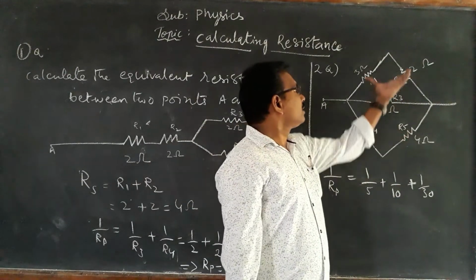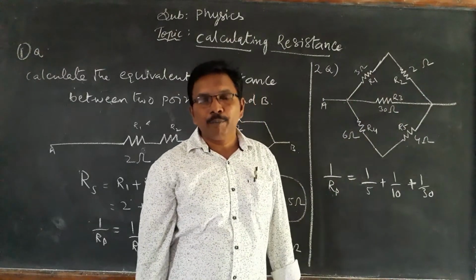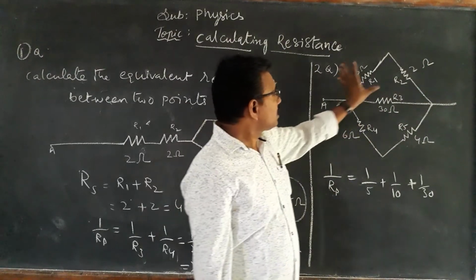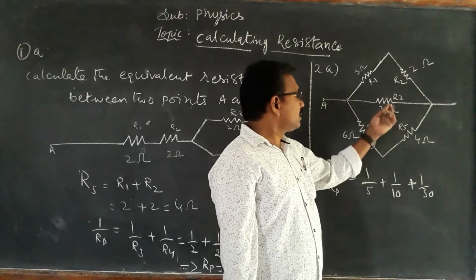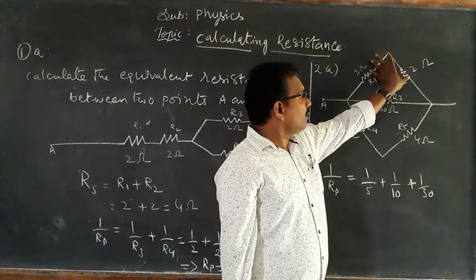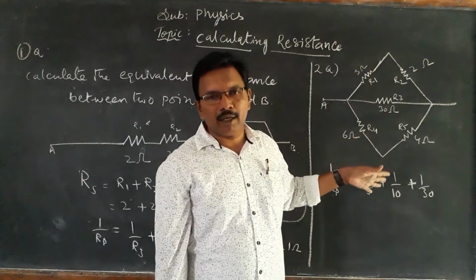This total and this total and this one, these three are in parallel connection. So this total how much? 5. This total how much? 10. This is 30. This 5, this 10, 30 are in parallel.